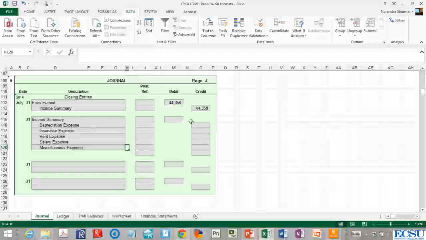Let's find out the amounts. Depreciation was 750. Insurance was 375. Rent expense was 2,400. Salary expense was 3,675. Miscellaneous expense was 1,400.